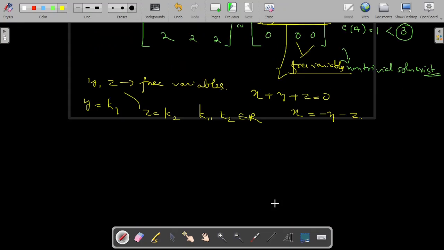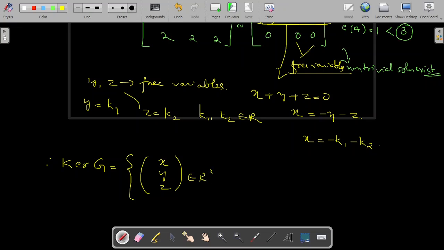As per that, then x becomes minus k1 minus k2. Therefore, your kernel of G equal to the set of all vectors (x, y, z) belonging to R cube such that G of (x, y, z) equals (0, 0).